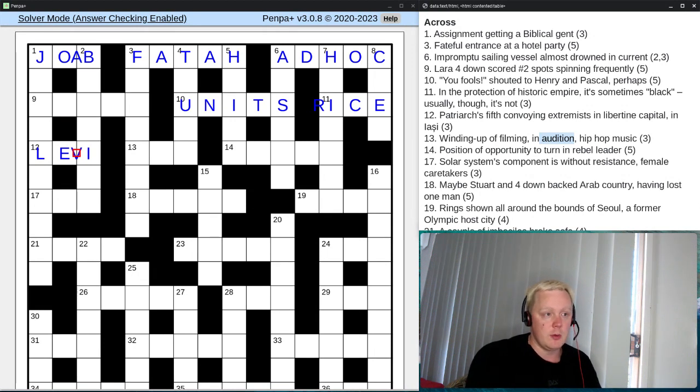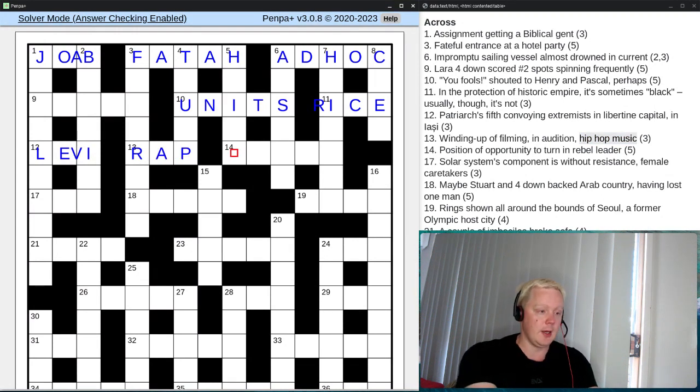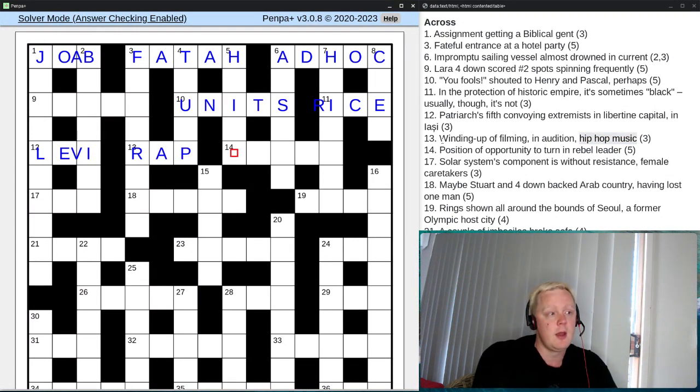Now, hip-hop music could be rap, R-A-P, and winding up of filming is also rap, but that's spelled W-R-A-P. And we need a 3-letter word, so rap with R-A-P is going to be our answer here. But if we needed 4 letters, rap with a W would also be a valid answer for this clue.